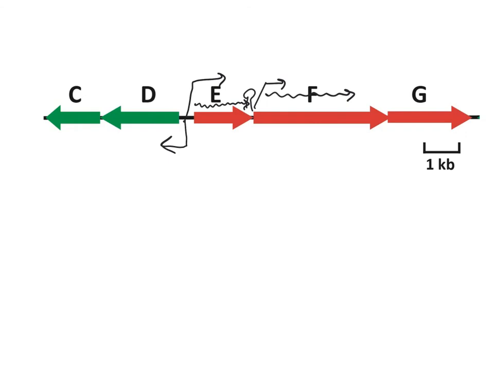But bacteria, and only bacteria, can have genes transcribed together in what we call operons. So an operon is a set of genes that are transcribed from the same promoter.